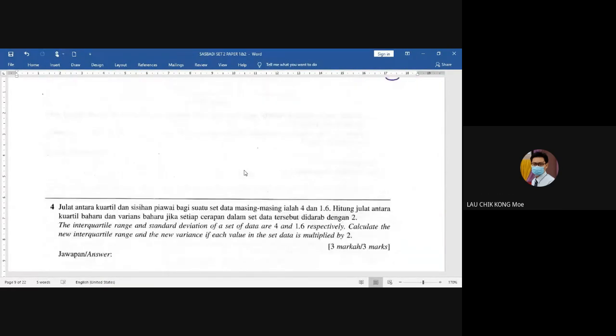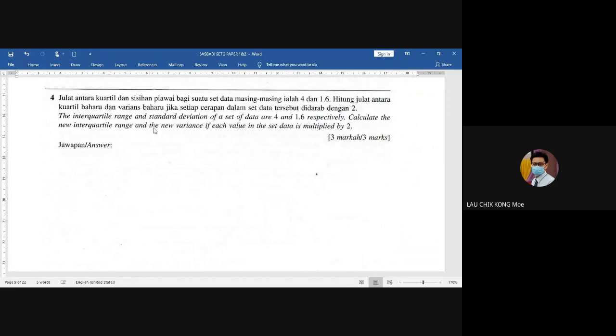And then we go number 4. Okay, this question also many students do it wrongly. Baru dapat 1 markah. You are given the interquartile range and the standard deviation. Okay, ini tak ada masalah. So now we want to find the new, if the set data is multiplied by 2, yes.